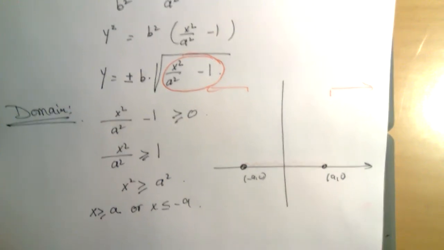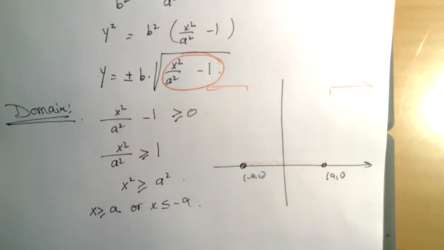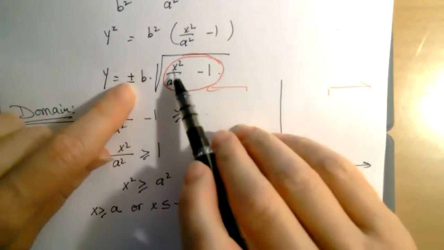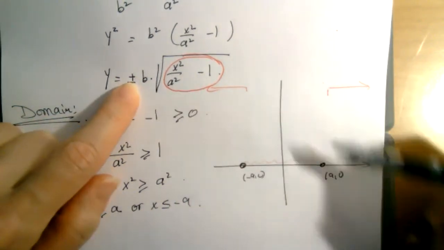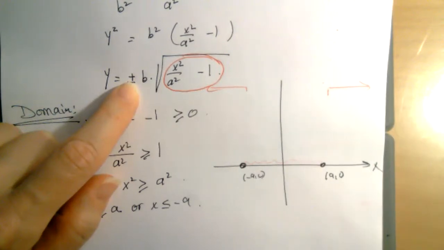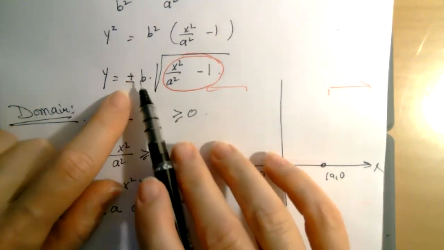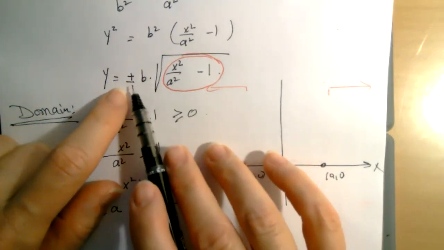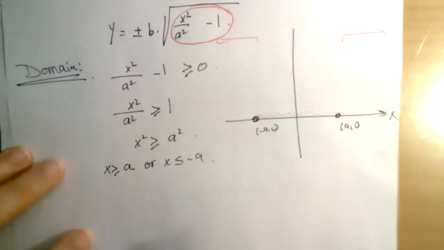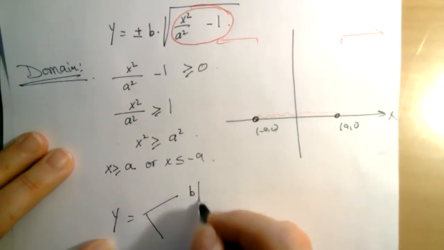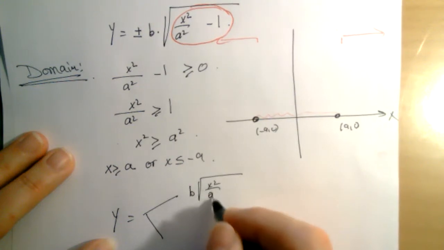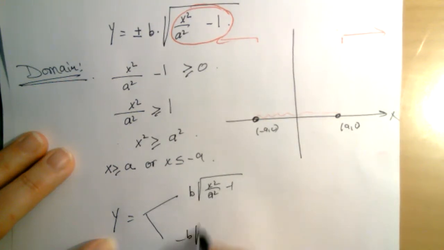All right, we're almost at the end of the analysis. Now, what else do we know? The graph has symmetry with respect to the x-axis. Why is there symmetry with respect to the x-axis? Because that's plus or minus b. Here, y has two values, plus this and minus this.